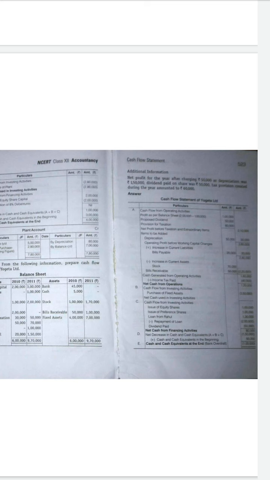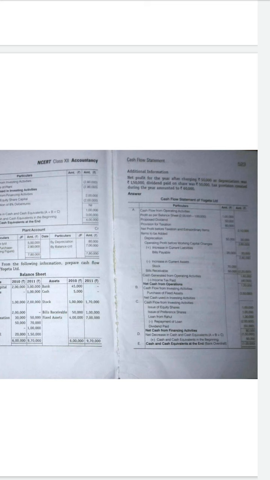And now we have to add certain other items. What are the items? As per the format, depreciation. In this sum, the depreciation amount is given directly. See the sum: net profit for the year after charging 50,000 as depreciation. You should not be confused; the net profit is 1,50,000.